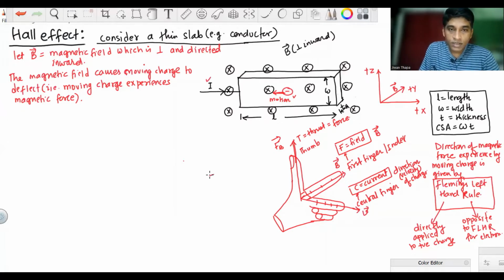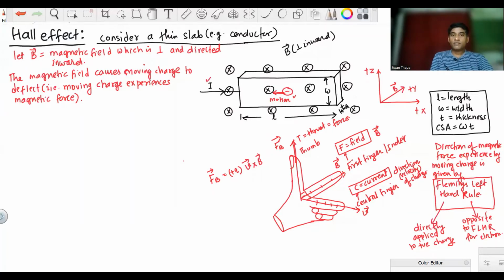Because we know magnetic force experienced by, let's say, a positive charge: if you have a positive charge, we have velocity cross magnetic field.